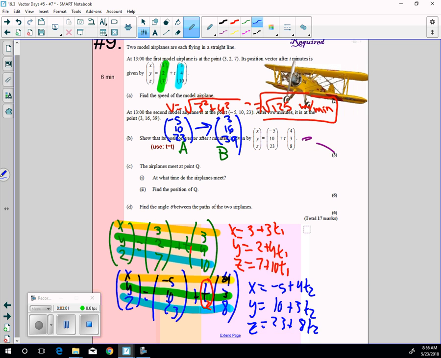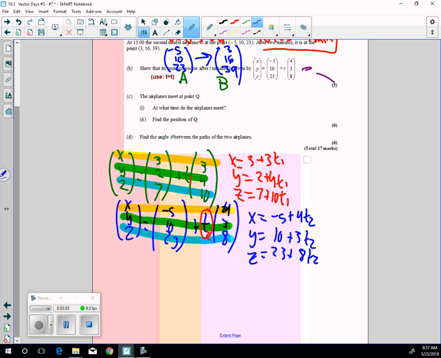Notice that the parameters, the lambda and the mu's, or the T1, T2, are different because now, what are you going to do to find the intersection point? Here's the good part. Set them equal. X equal to x, y equal to y.